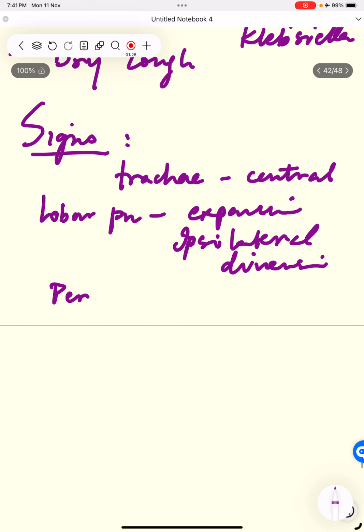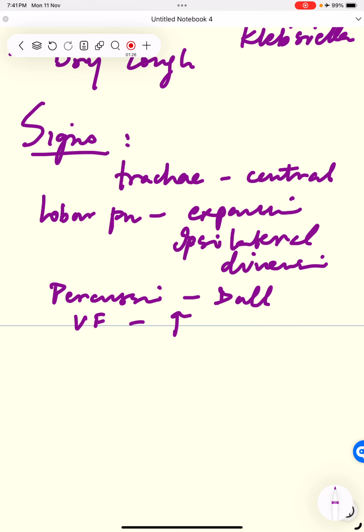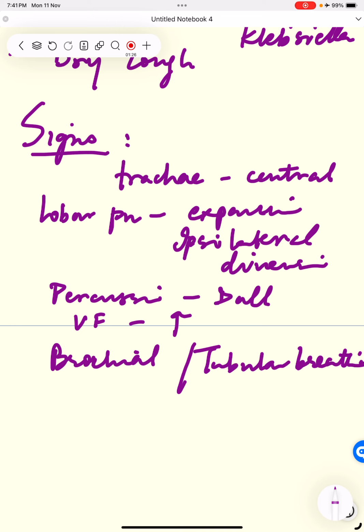On percussion, the note will be dull because of the consolidation. Vocal fremitus will be increased. Patient will have bronchial or tubular type of breathing, and of course there will be crackles on auscultation.